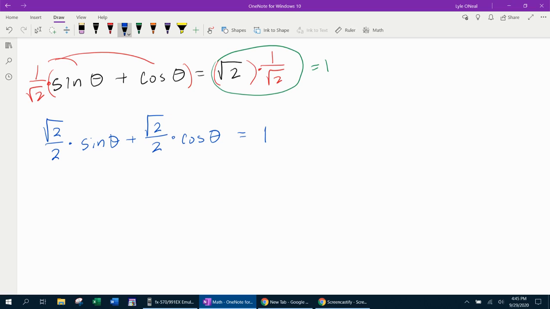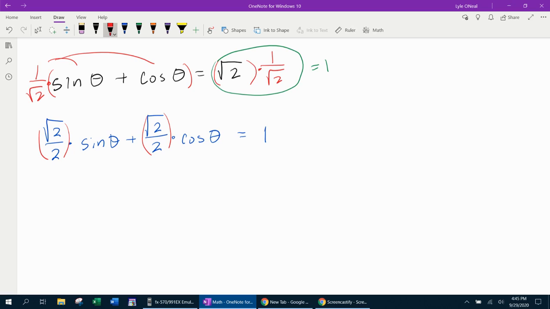And now we're going to go back and ask ourselves, okay, I've seen this before. Square root of 2 over 2. I have seen that before, okay? So what I think that is, I think that's cosine of pi over 4 and sine of pi over 4. Let's see here.